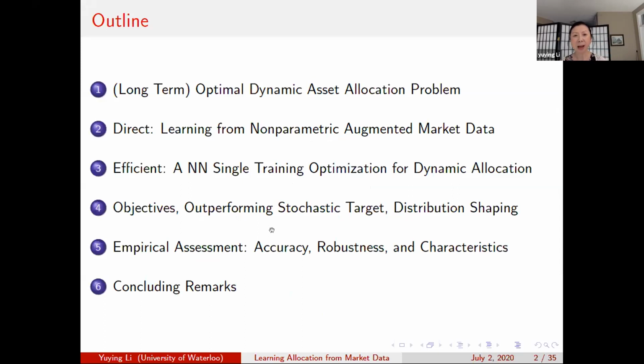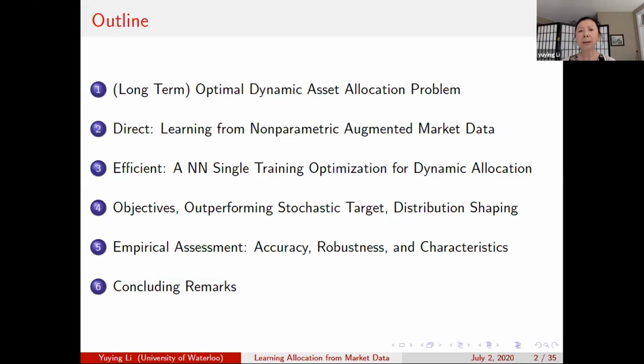Here is the outline of my presentation. I will begin with introducing the mathematical formulation of the optimal dynamic asset allocation problem. The focus of my presentation is particularly on problems involving many rebalancing times and long time horizon allocation.